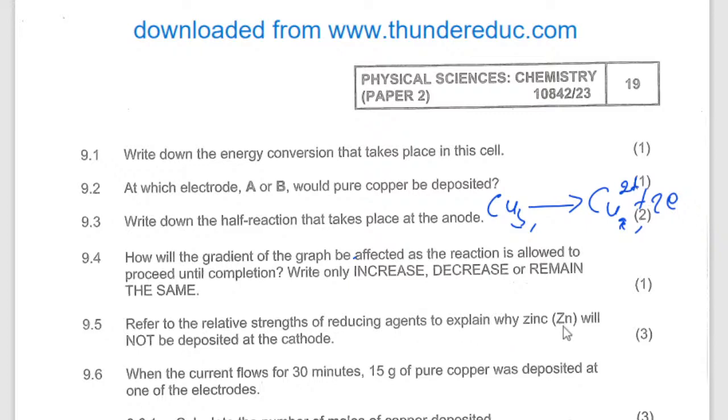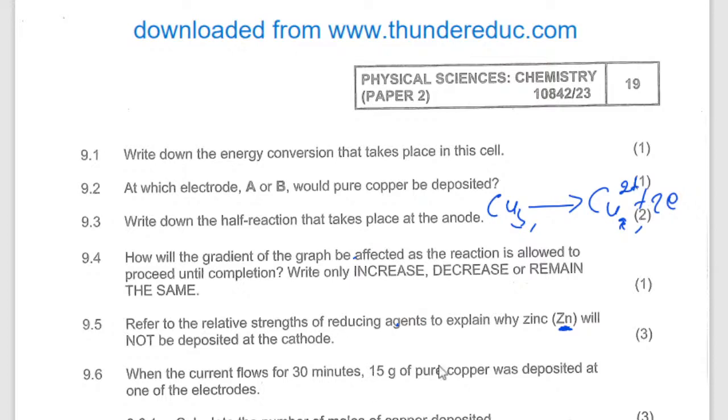Explain why zinc will not be deposited at the cathode. I think this is the question you're asking. Why is zinc not going to be deposited at the cathode?